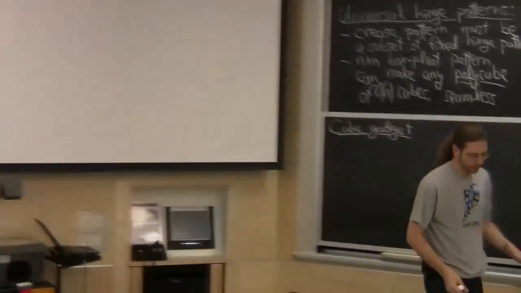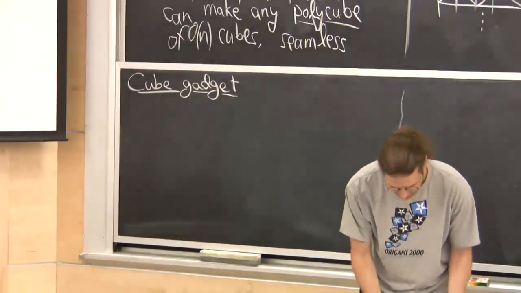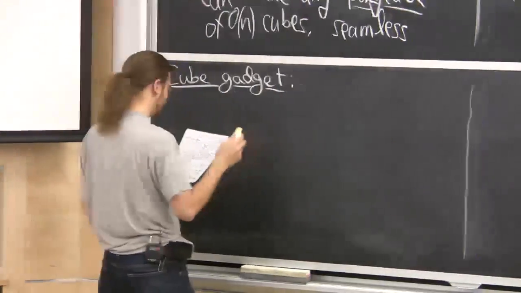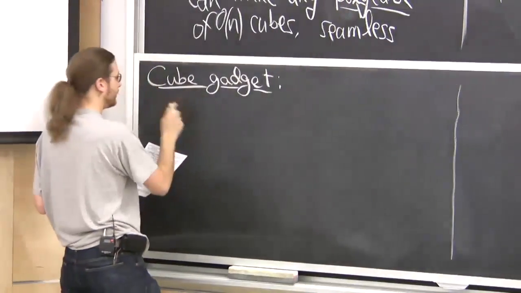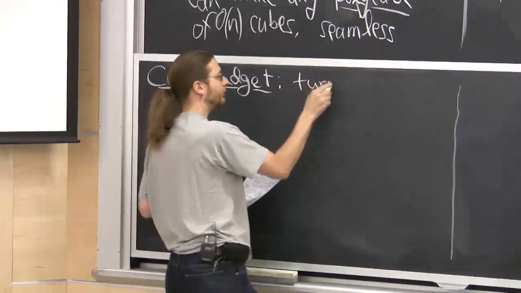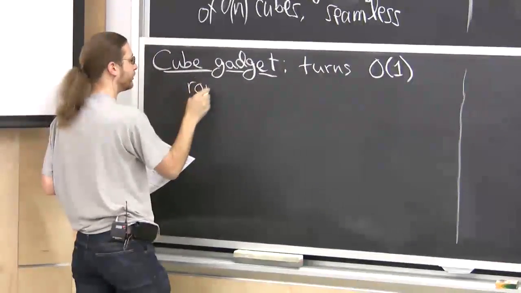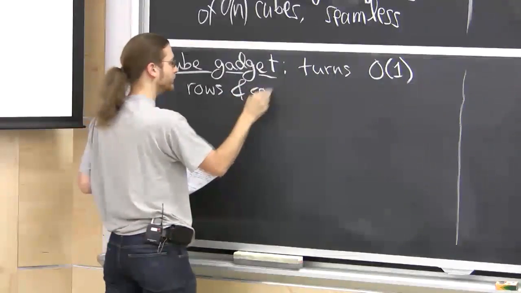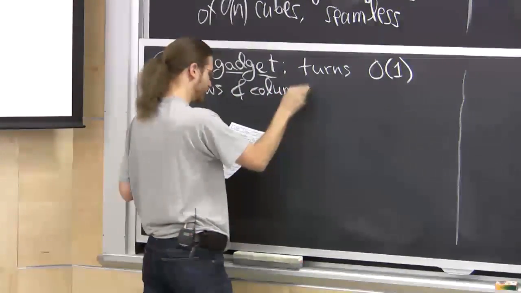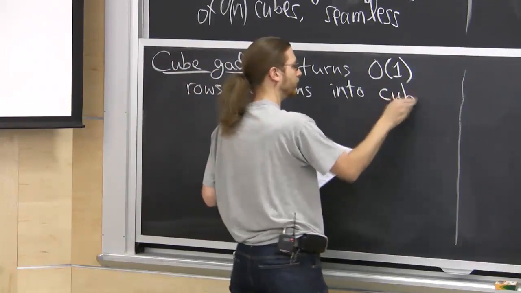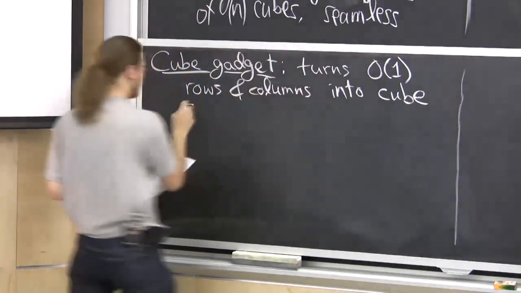Let me give you a little bit of an argument why this works. So a cube gadget, let's say, transforms a constant number of rows and columns of the grid into a cube that's sticking out of your sheet.